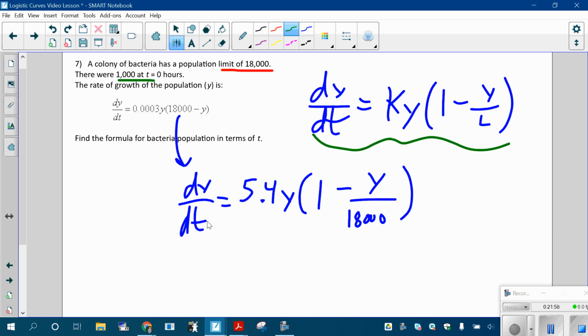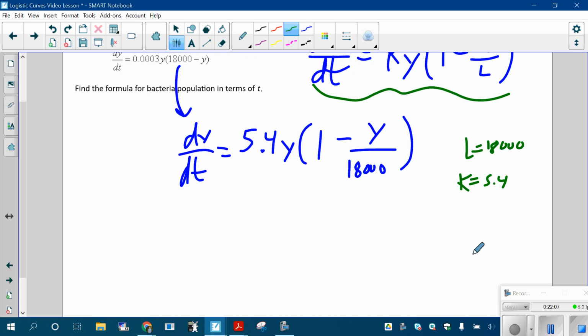What's L? 18,000. What's k? 5.4. So now I can just write the solution. L divided by 1 plus, I got that B.